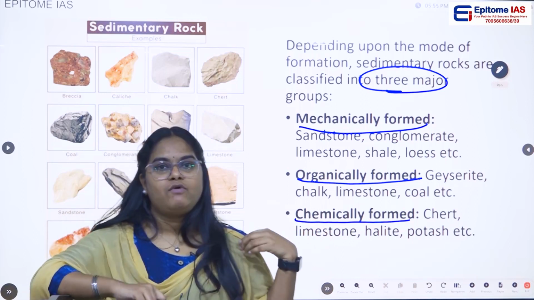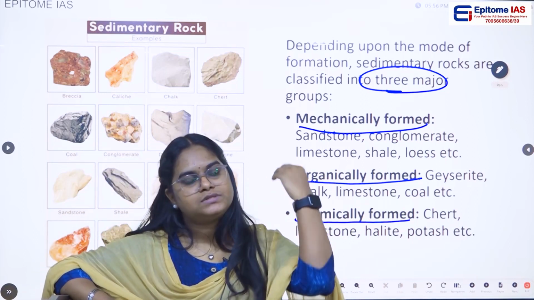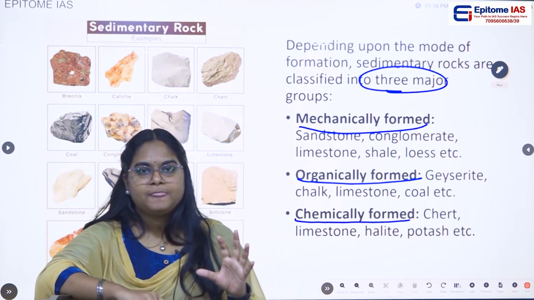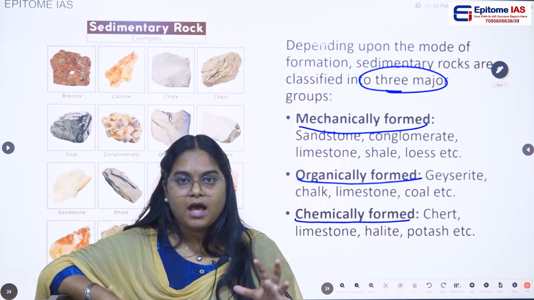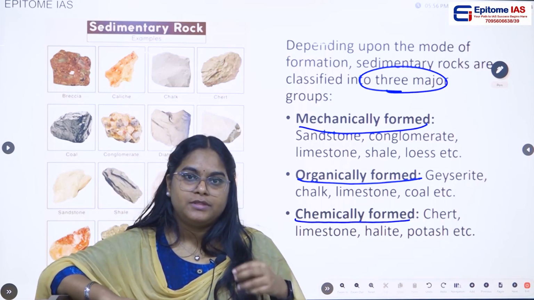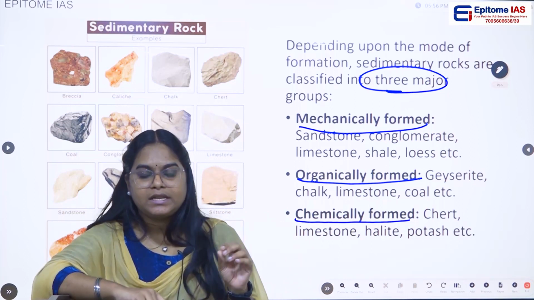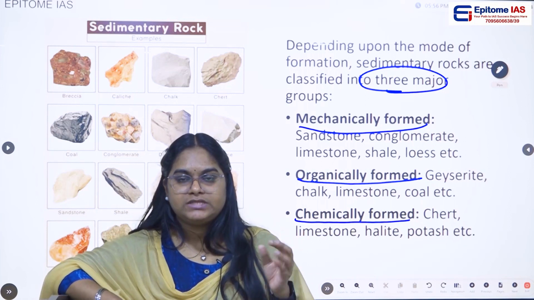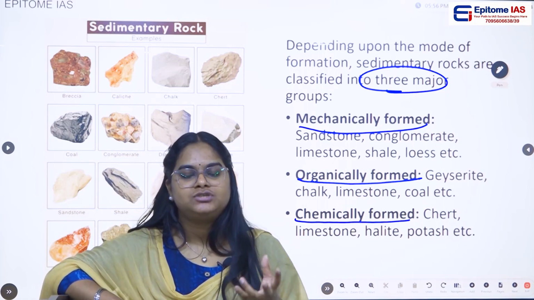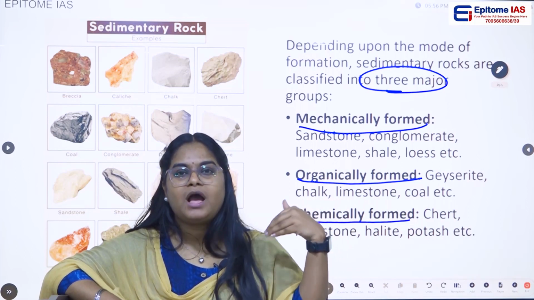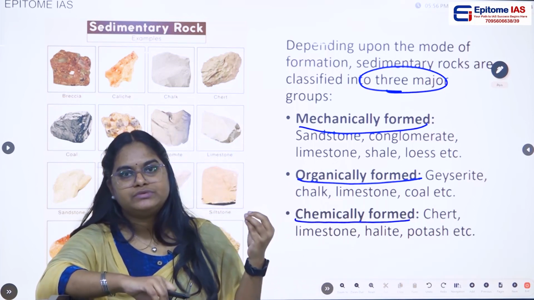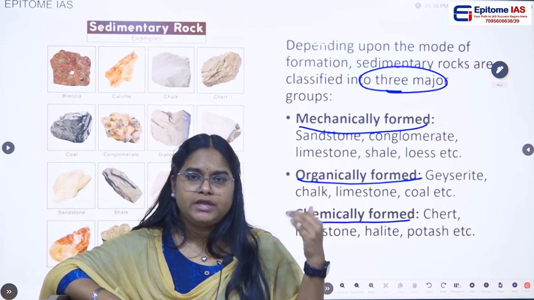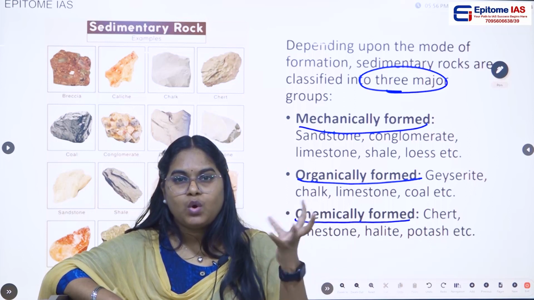Then the chemically formed rocks. What are these chemically formed rocks? When you see the same sediments, these sediments sometimes are made up of minerals, and some minerals can react in a chemical way. We can say they can have a chemical reaction whenever they are going through some high pressure, or whenever they are going through some high temperature, or whenever they are going through very low temperature, very cold temperature.